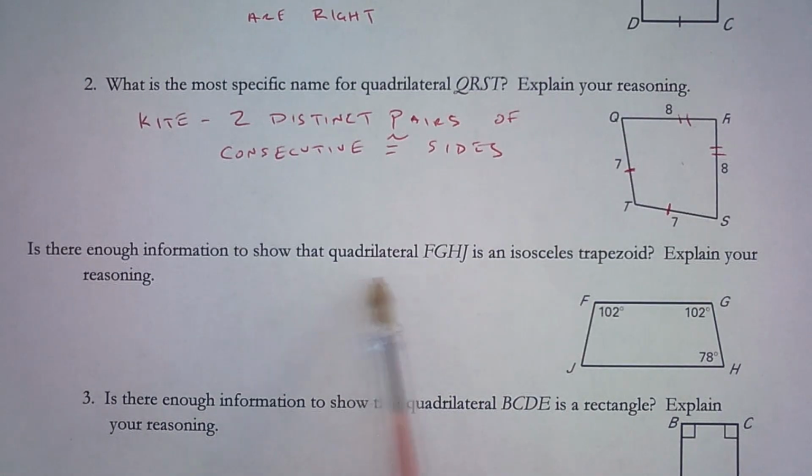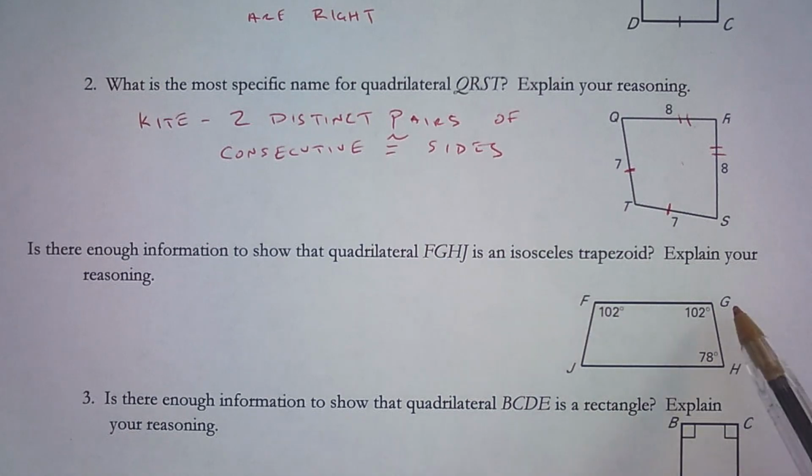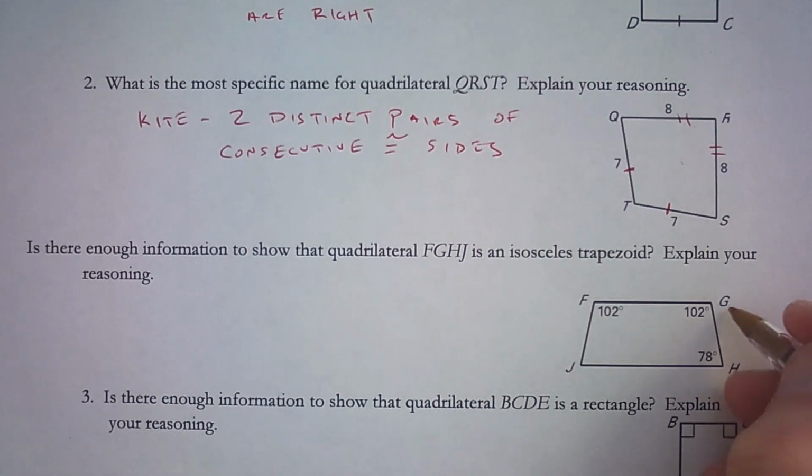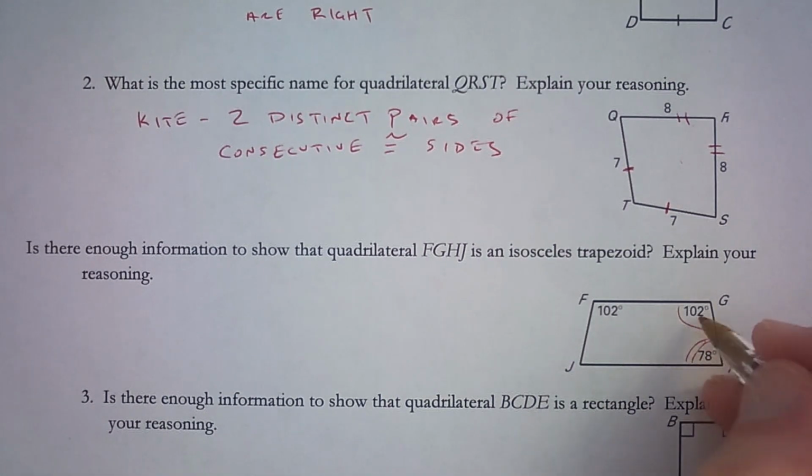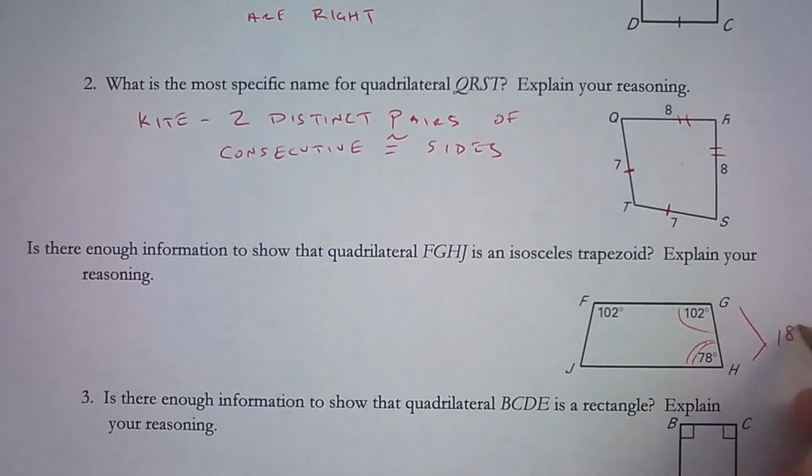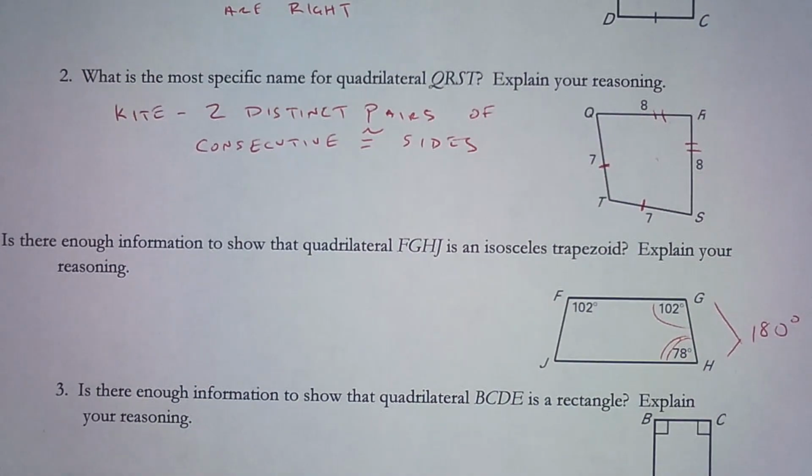Is there enough information to show that FGHJ is an isosceles trapezoid? Okay, so if it's an isosceles trapezoid, first I need to know if it's actually even a trapezoid. Now, these right here, these consecutive interior angles, do they add up to 180 degrees?